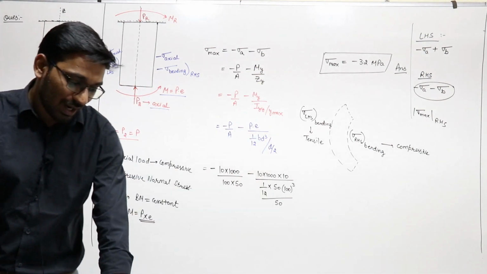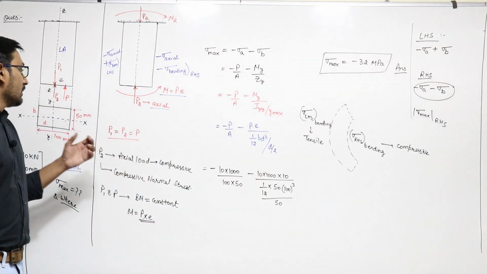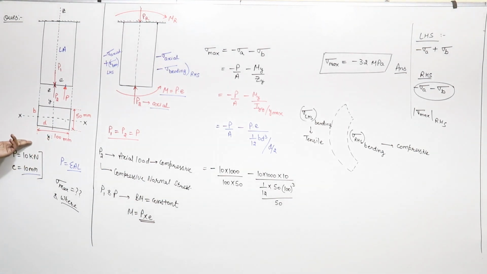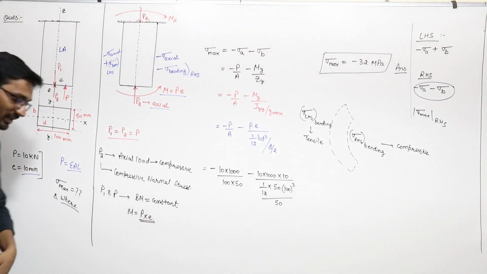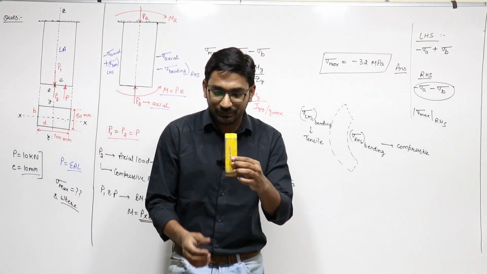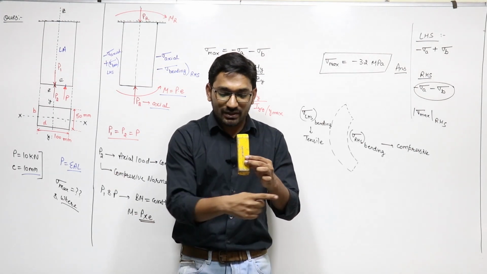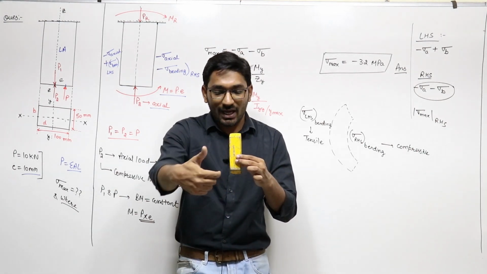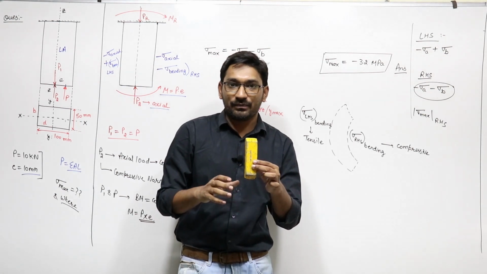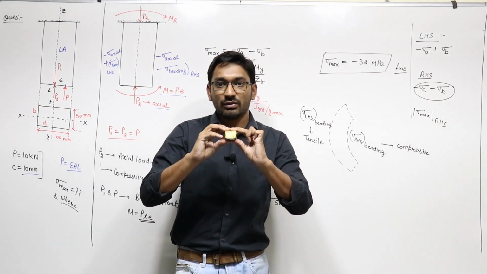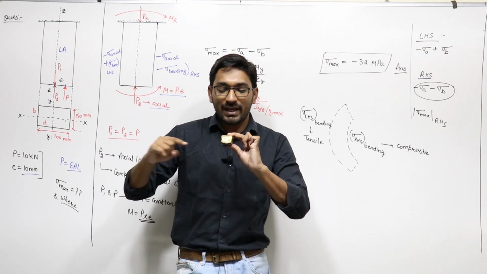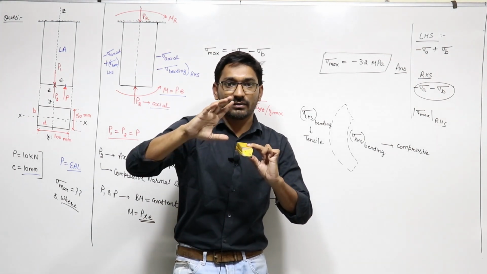Why? Now you have to understand this. In the plane of cross section we have two axes, x axis and y axis, right? This is the bar, this axis is z, this is x, and this axis is y. If you rotate this, what you will get is x and y, right?